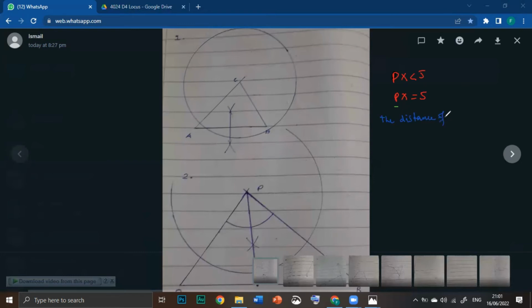First we will name the variable point X, its distance from P, and then the fixed distance is 5. And the locus is a circle of radius 5, center P. Yes, it is already drawn.